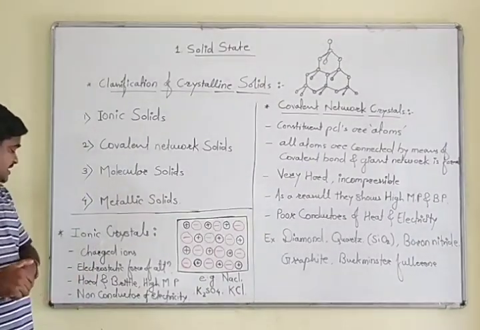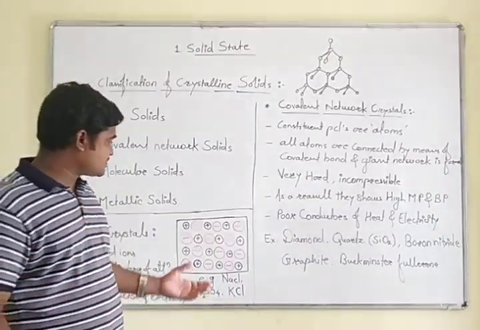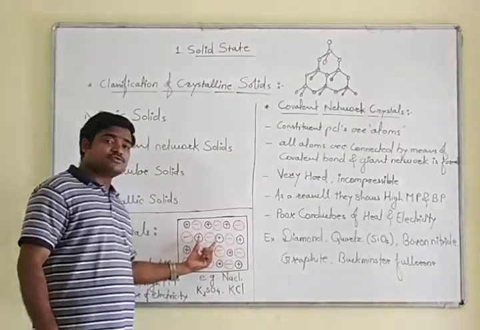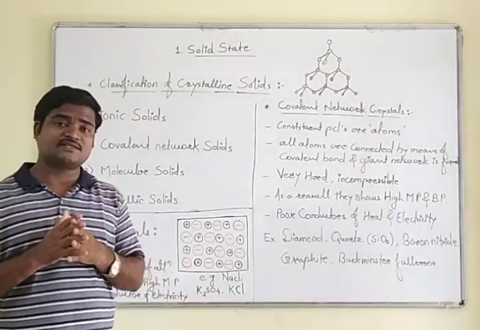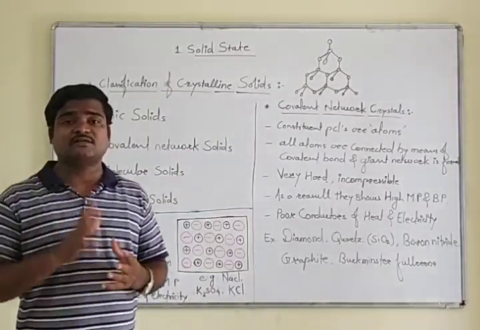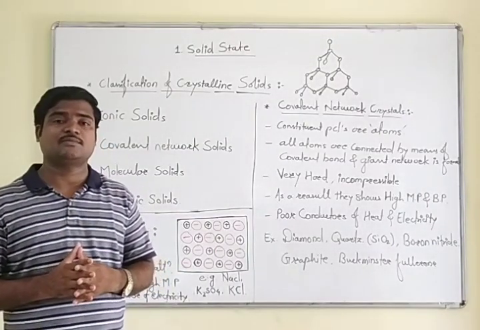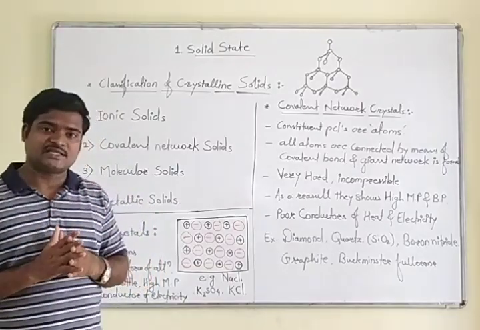The third thing is that they are hard and brittle. Now look at this figure. As the force of attraction is strong, since the charges on the two ions are positive and negative, the attraction force is also maximum.